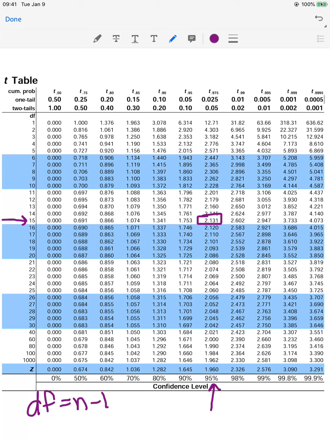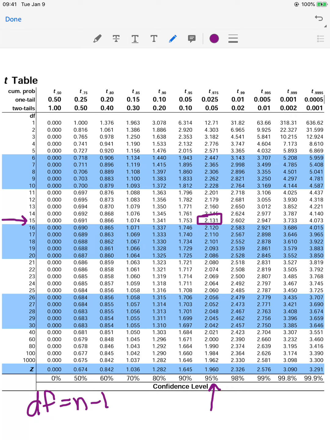Now notice, looking a little bit further down at this table, once I get to a sample size of 30, it goes by 10s and then 20s and then even more than that. So if you have a degrees of freedom that does not show up on this table exactly, let's say I took a survey of 500 people. Well, 500 minus 1 is 499.